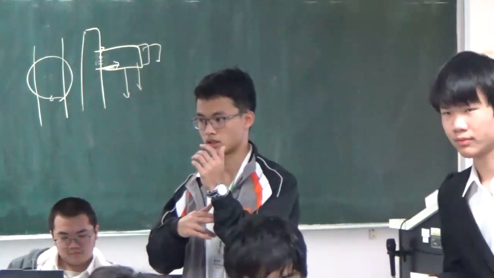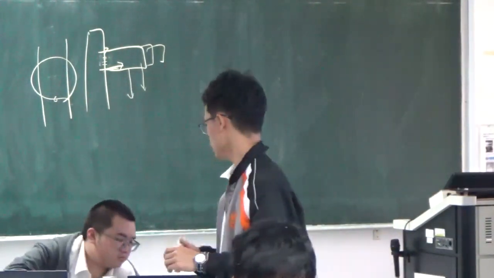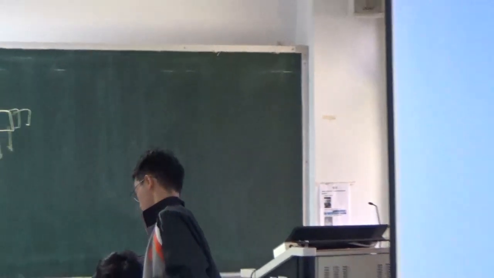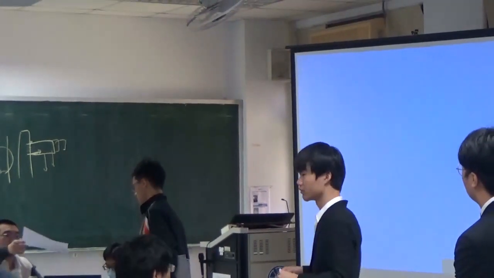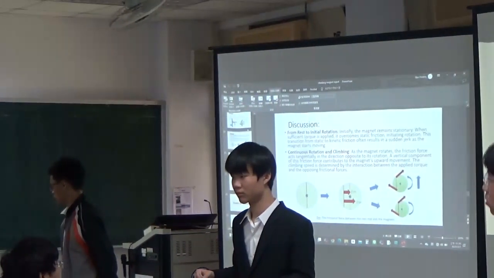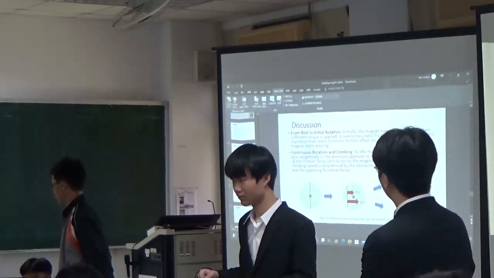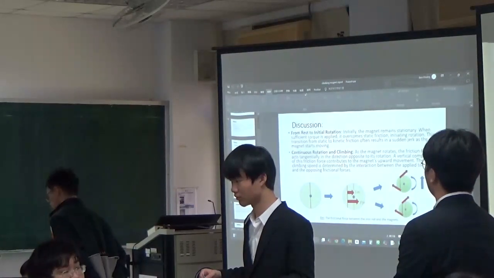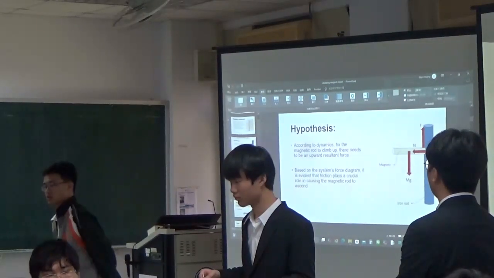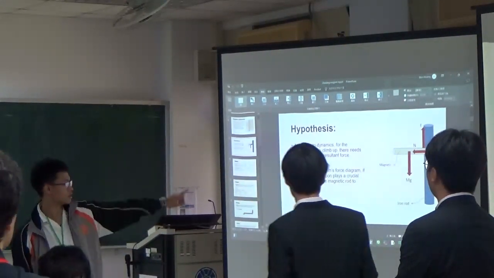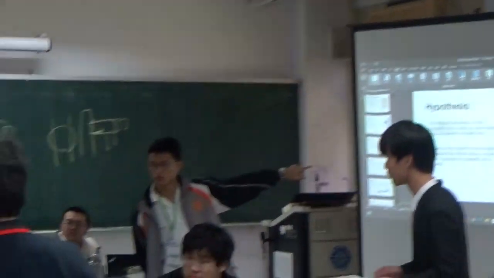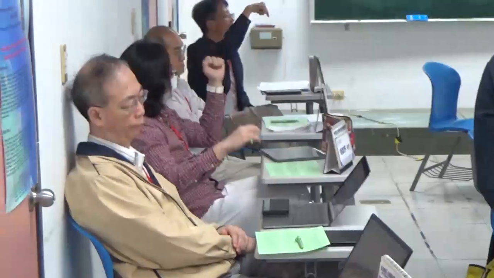You can go back to the force analysis. Actually, how many forces are in this direction? You only have one force. That is the normal force, right? Yes, but if it only had a normal force, it would detach from that, right?